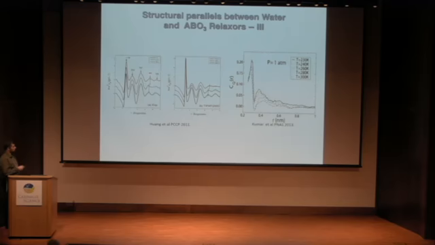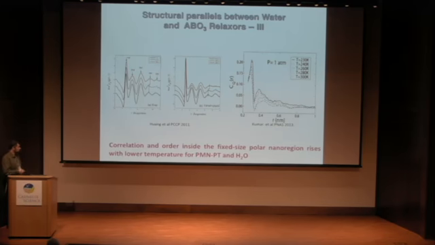Once you go past the 4th, maybe the 5th hydration shell of water, then the structure does not change. Inside, it changes a lot, with sharper and more pronounced peaks, indicating more correlation at lower temperatures. Okay, so we see that correlation and order inside these fixed size polar nanoregions rise in both PMN-PT and in water.